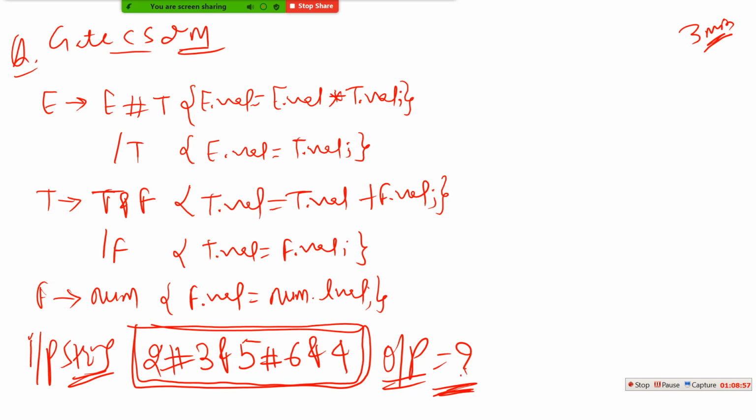Please solve it and tell me what output you are getting for this input string.